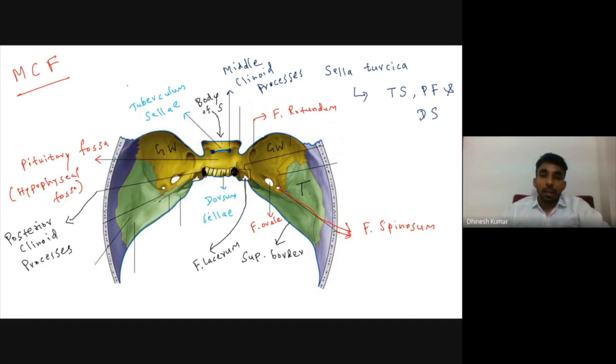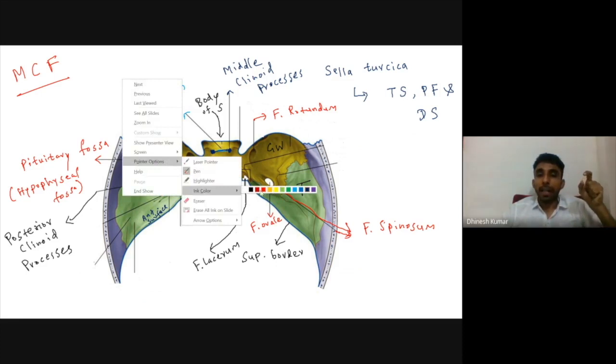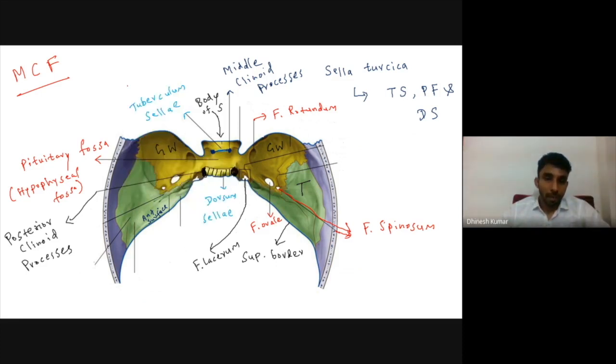This is the anterior surface of the petrous temporal bone. It contains some important features. Here there is one elevation along the anterior surface of the petrous temporal bone, called the arcuate eminence.